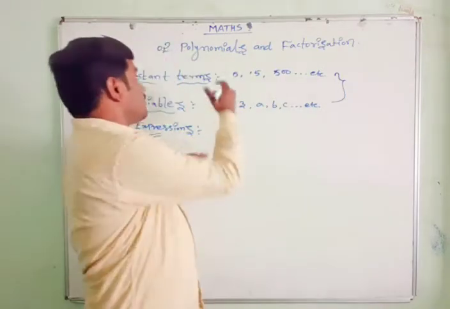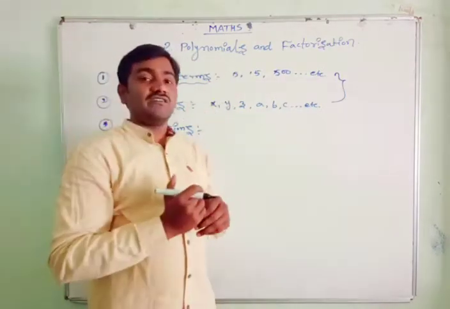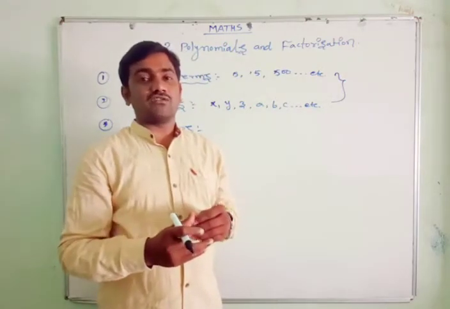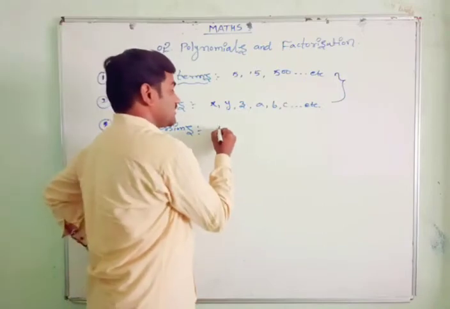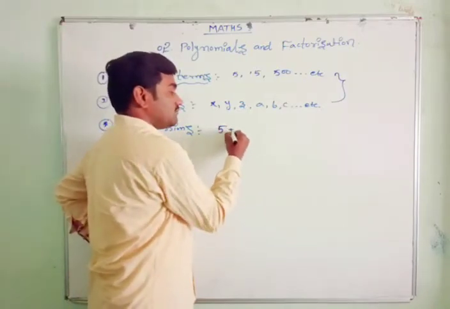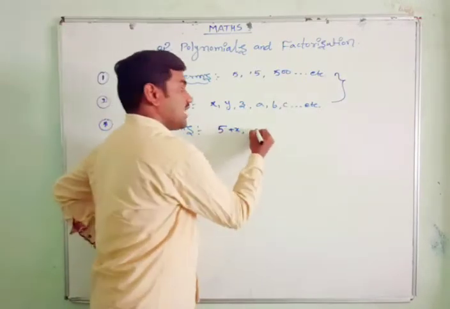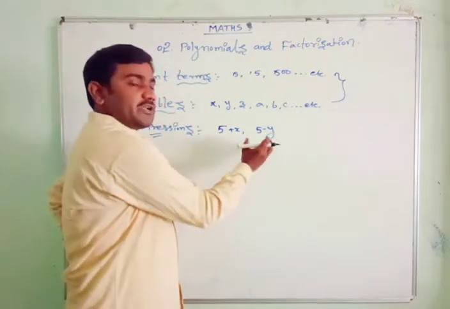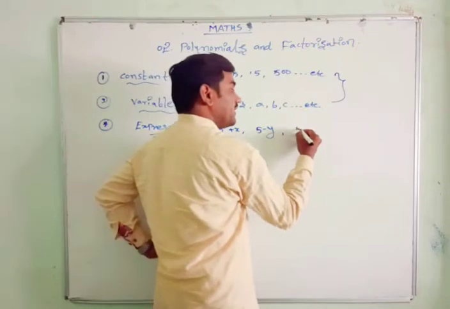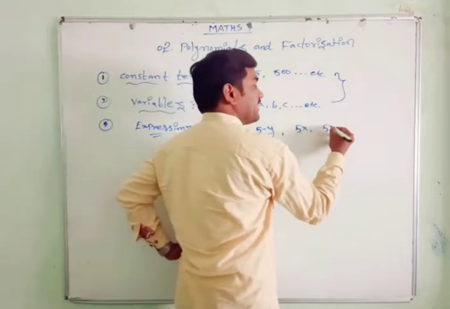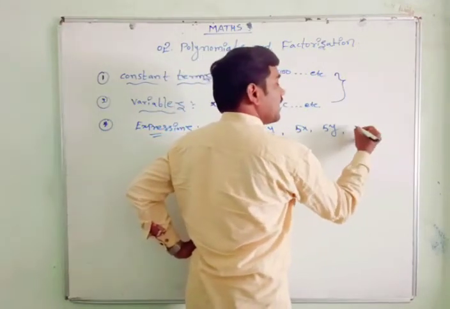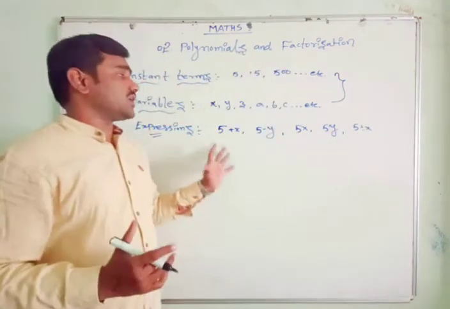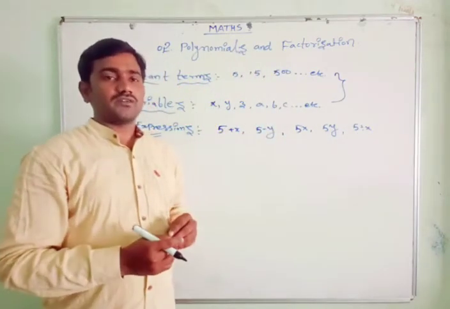Suppose 5 is a constant term and x is a variable: 5 plus x, or 5 minus x, 5 into x or 5 into y, or 5 divided by x. So these are all called expressions.